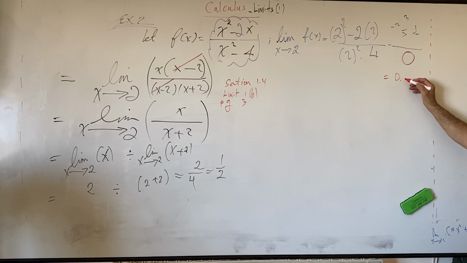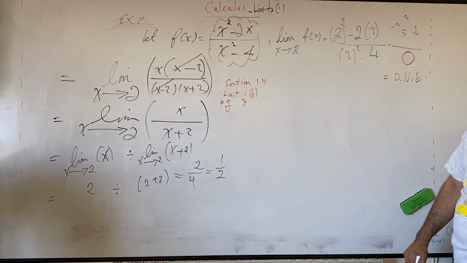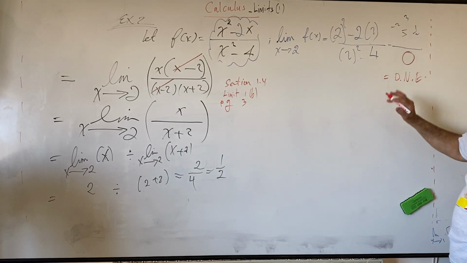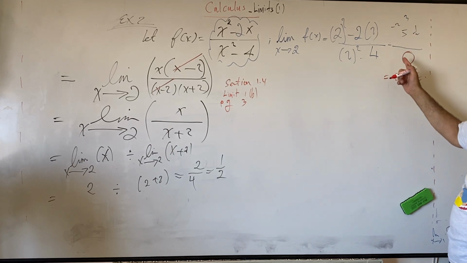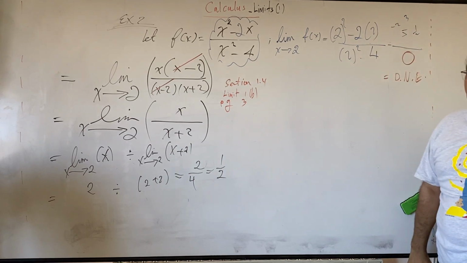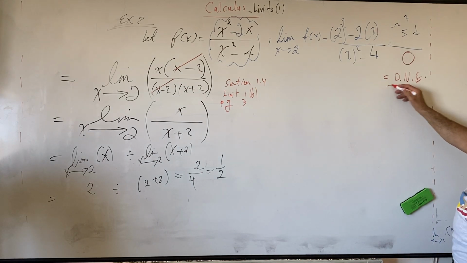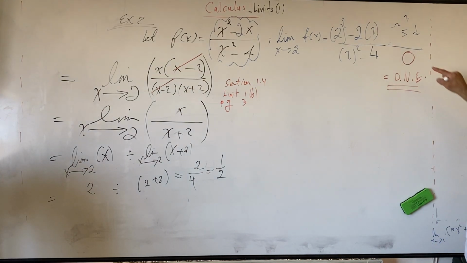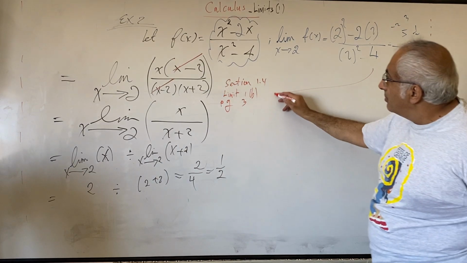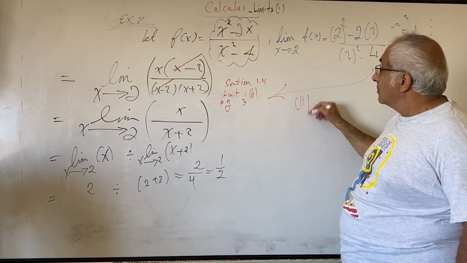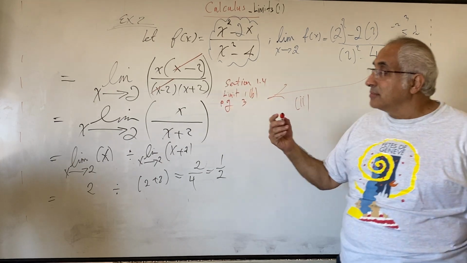You will technically say it doesn't exist. That's tip number 1. So with all of this plug-in and quick thing using a calculator, you may get an answer, then you've got it. But if you don't get an answer and you get something like that, where the denominator is 0, then your second step is to factorize.